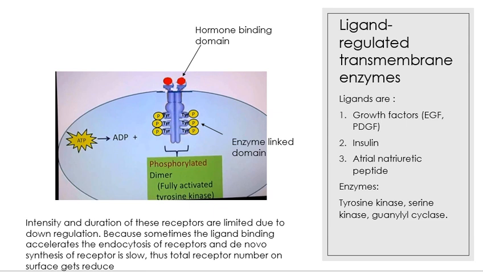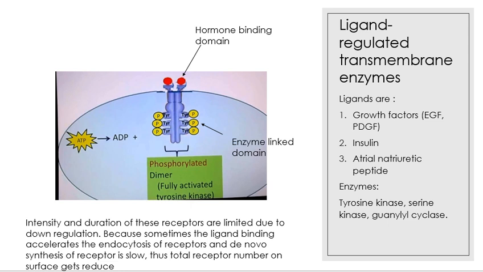The third receptor family is ligand regulated transmembrane enzymes. As the name suggests, transmembrane enzymes means that they have some enzyme which is present in the transmembrane region. Some of the ligands which produce their pharmacological effect through this signaling mechanism are growth factors, such as platelet-derived growth factor and epidermal growth factor. Second is insulin, which is a hormone.